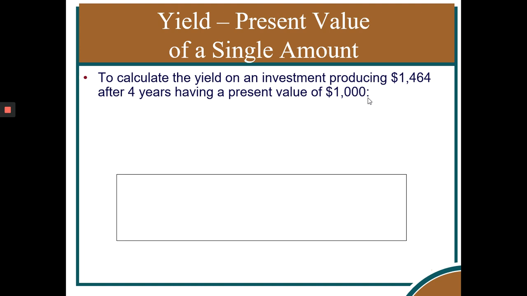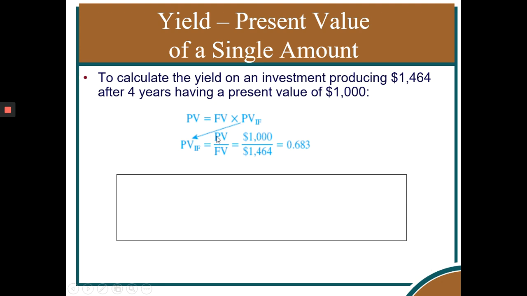So what is the remaining item? It's the I, the interest. You can calculate the interest based on the formula that you've learned. How do you do it? Present value equals future value times present value interest factor.